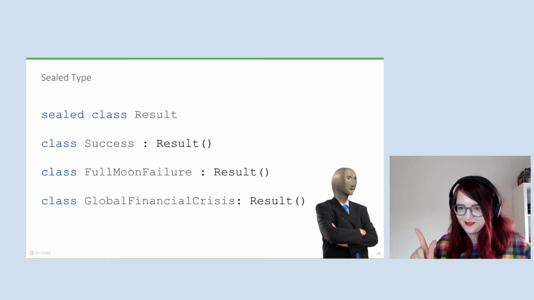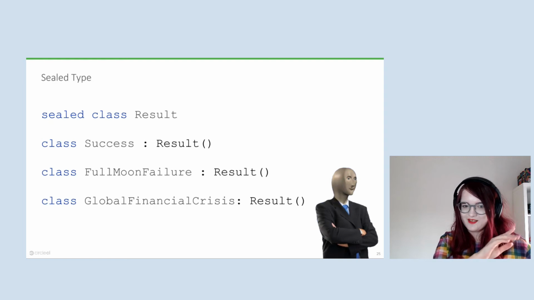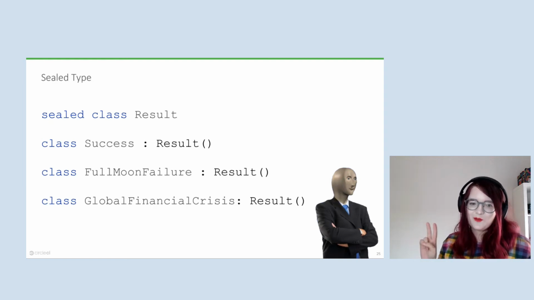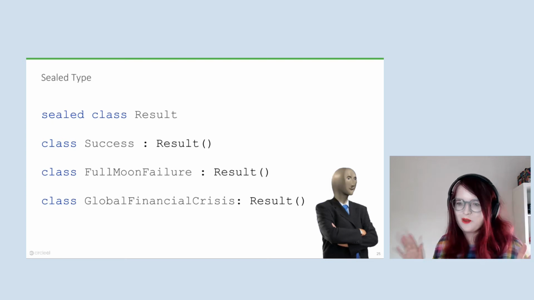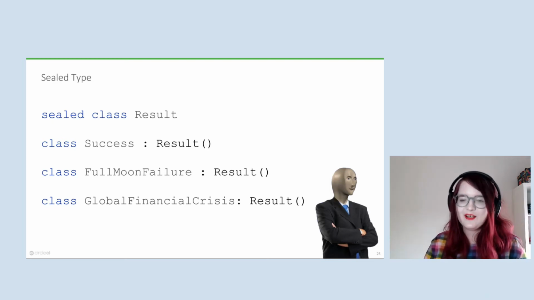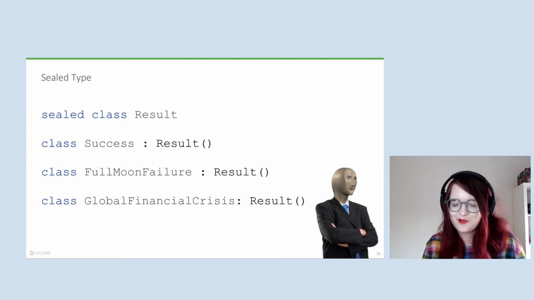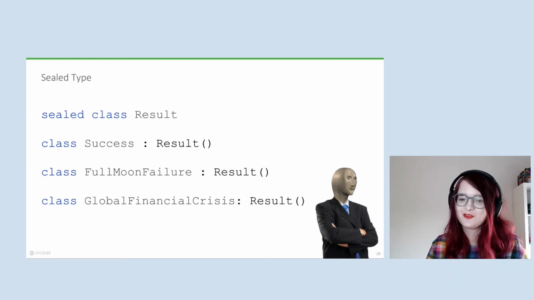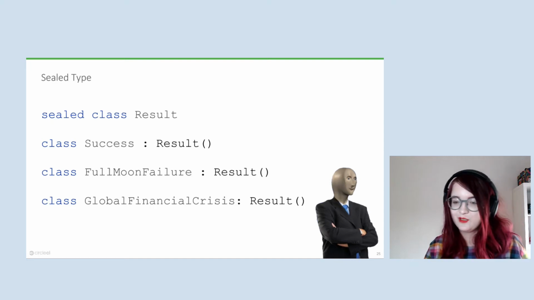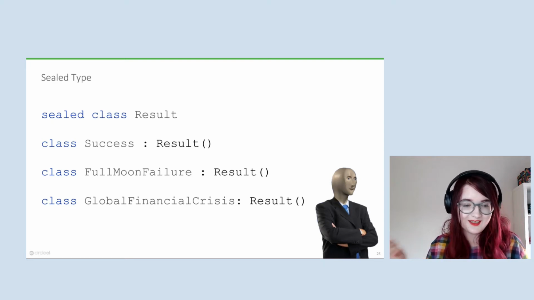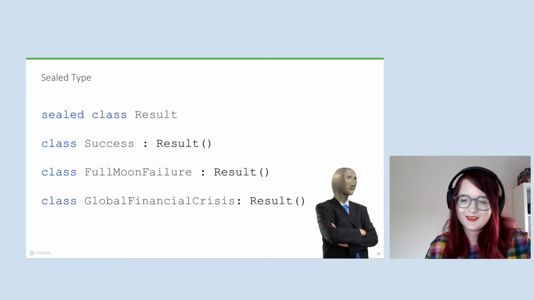First option is we successfully invested, so success. Second option will be like the moon was full, which is why all our investments failed. And the third option will be like global financial crisis happened. Only 3 options, trust me, I have a degree in financial technologies. It always happens like that.